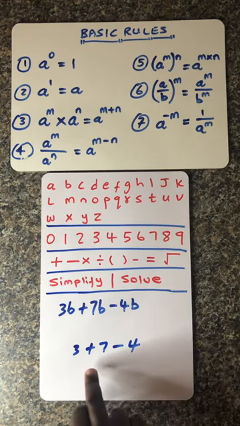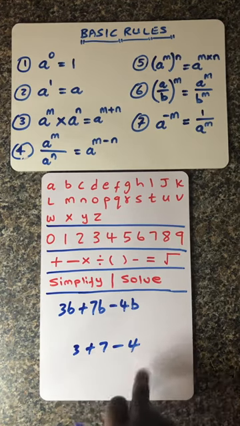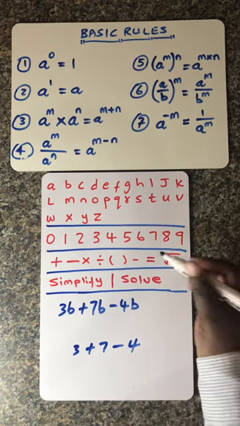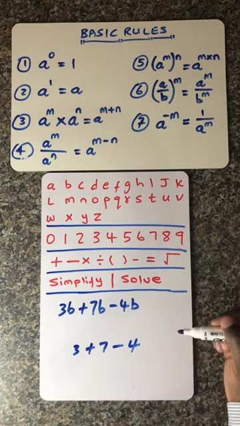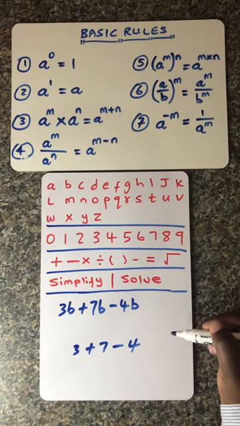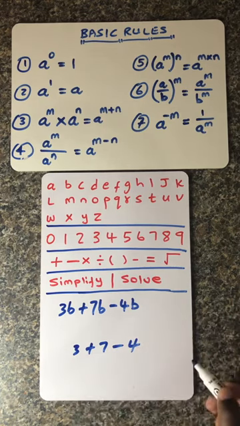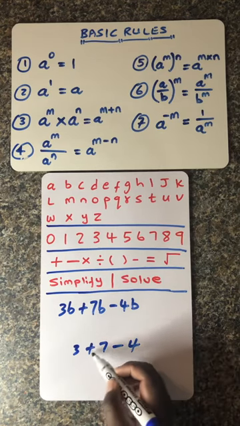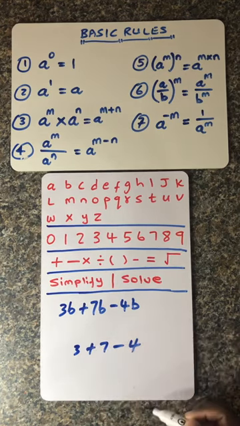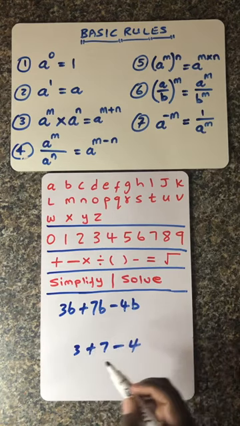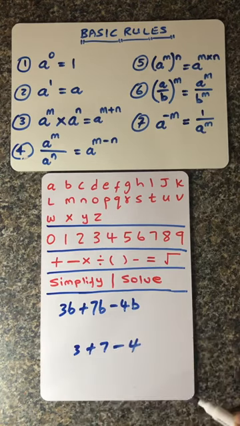I'll ask myself: is this an equation or an expression? It's an expression because it doesn't have an equal sign. And most importantly, how many terms have I got? I've got 1, 2, 3 terms. Why? I can see they are separated by those signs. I've got a positive sign and a negative sign, so that means I've got 3 terms.